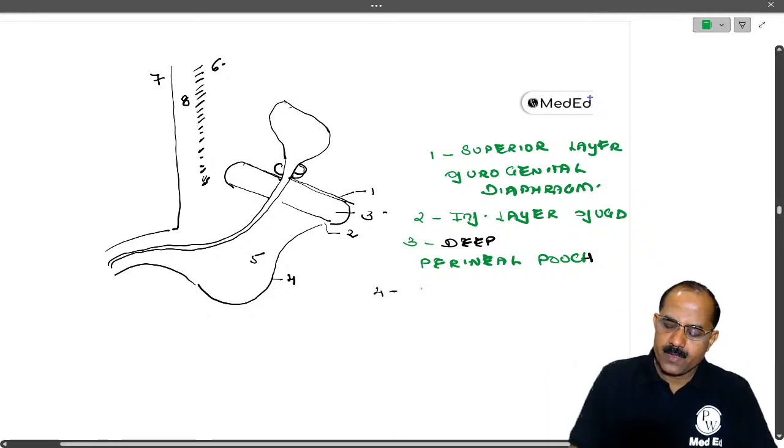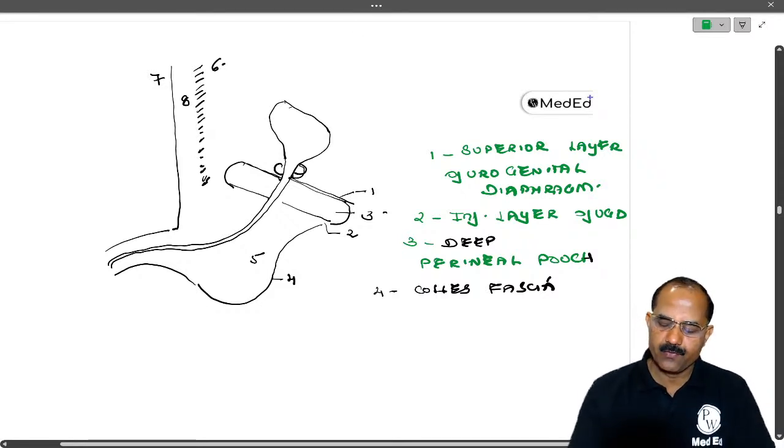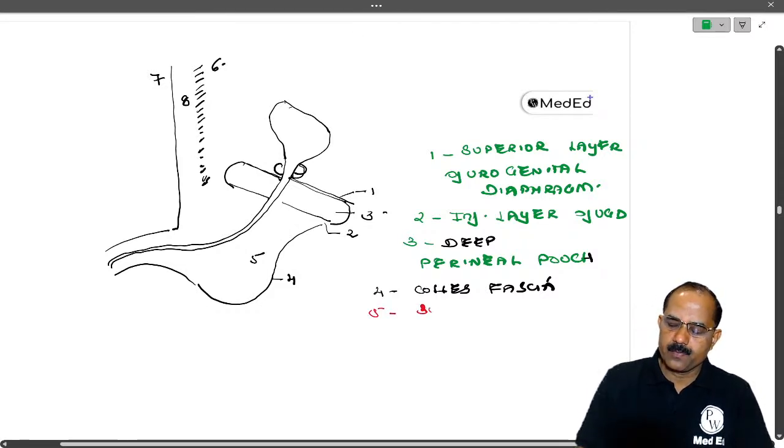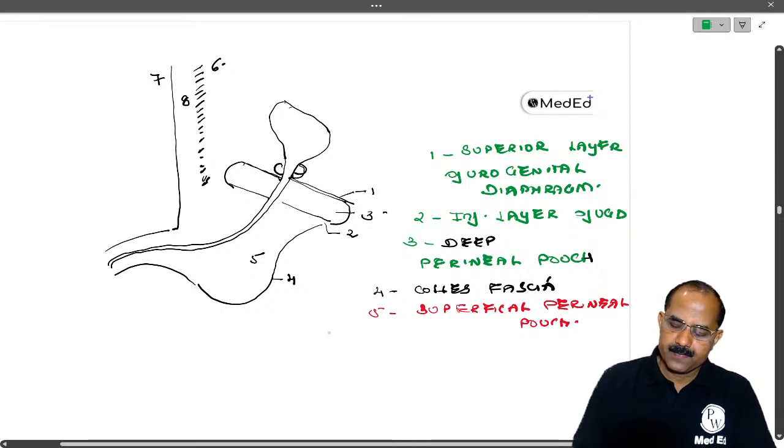Number 4 is the Colles fascia. Colles fascia is the fascia which lines the scrotum, which lines the labia majora, है ना? ये Colles fascia. Number 5 is the superficial perineal pouch. Number 6 is the external oblique aponeurosis.